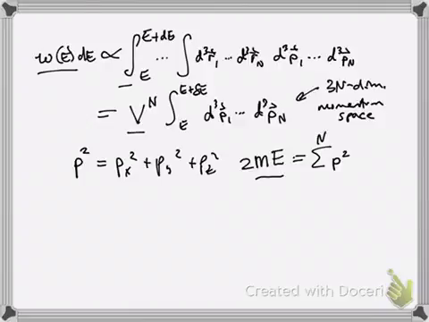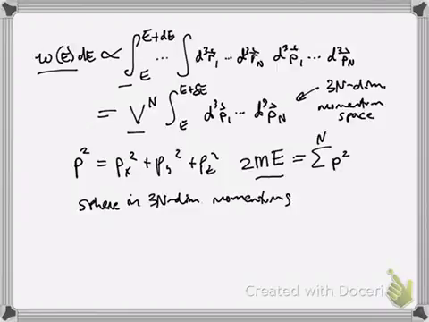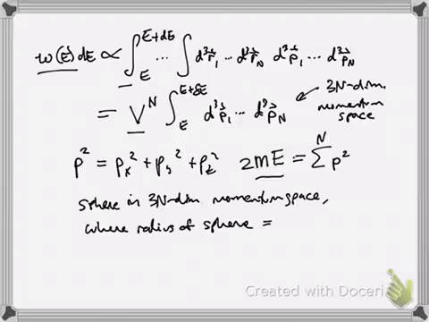So if we're constraining ourselves to have some energy between E and E plus dE, we're really thinking about the surface in that 3n dimensional space that is basically a sphere in 3n dimensional momentum space, right, where the radius of that sphere is given by basically the magnitude of the total p, which is going to be the square root of 2mE.